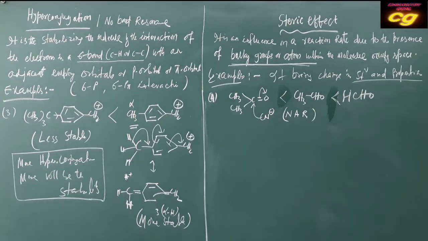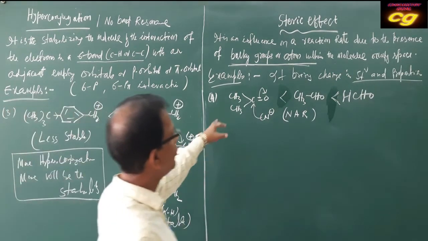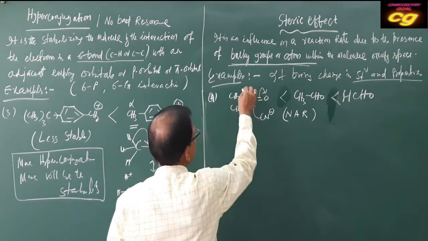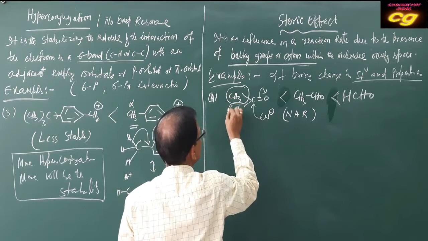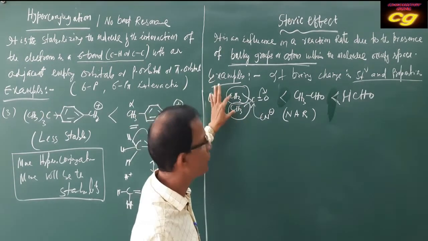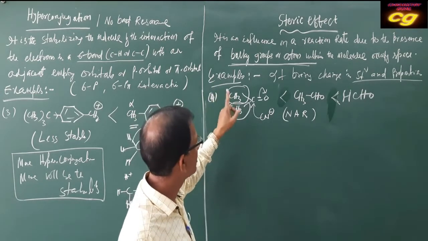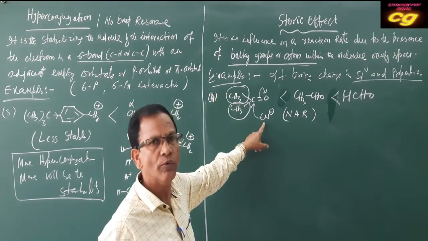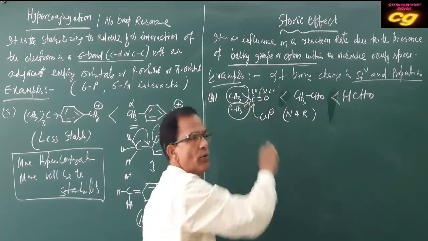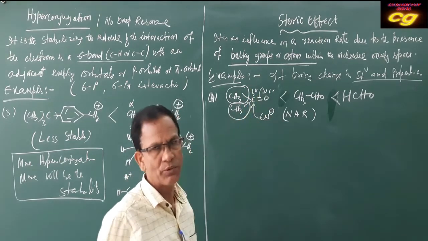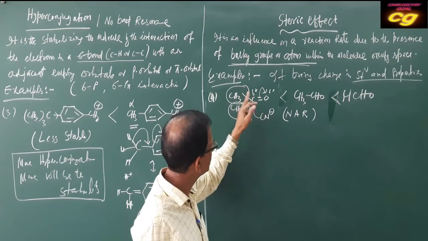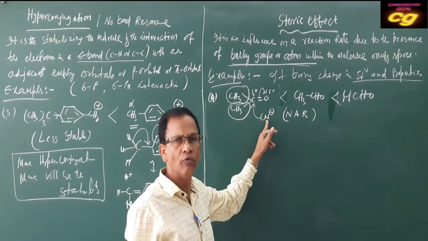Why is ketone less reactive towards nucleophilic addition reaction? Because the bulkier group present in ketone, this sterically protected group, does not allow the nucleophile to attack the partial positive carbon. The CO bond is a polar bond: carbon carries partial positive charge, oxygen carries partial negative charge, and the partially positive carbon is attacked by nucleophile.